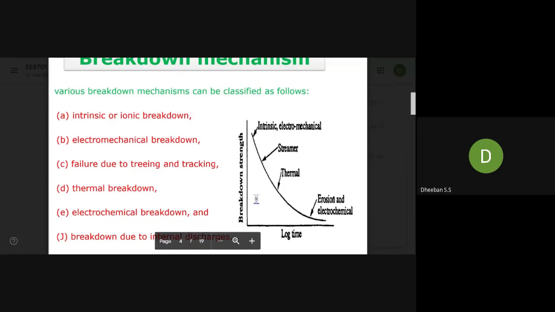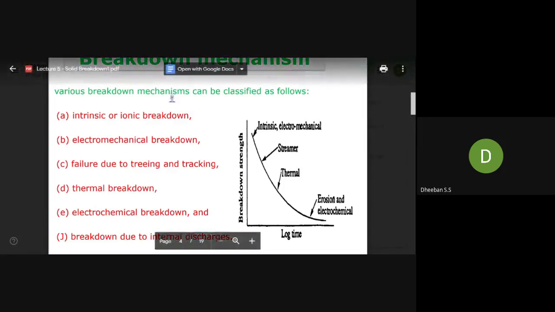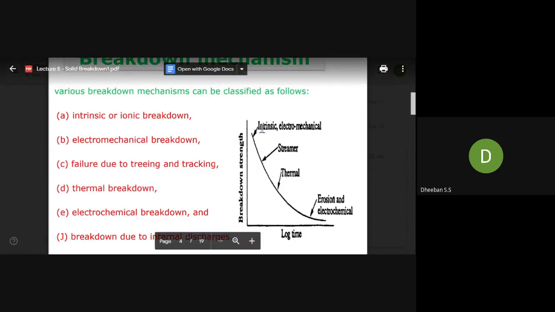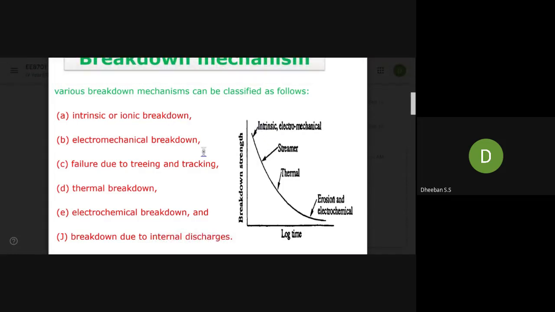within a very short duration, these mechanisms happen very quickly, meaning first it goes to your intrinsic and your electromechanical breakdown. Next is your streamer.